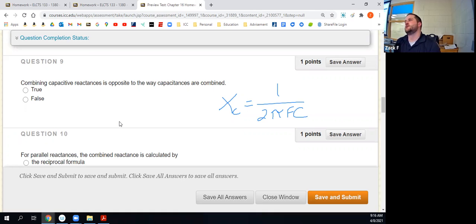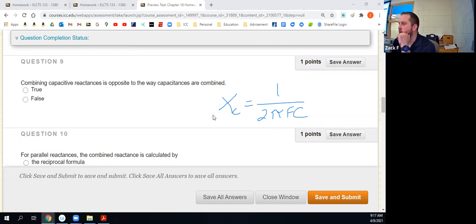If you have two capacitors in series, how do you find the values? Remember from last week? Right, two capacitors in series is opposite as resistors. You remember that? You're adding capacitances in series or parallel. It's opposite of if they were resistors. Well, think of it this way.